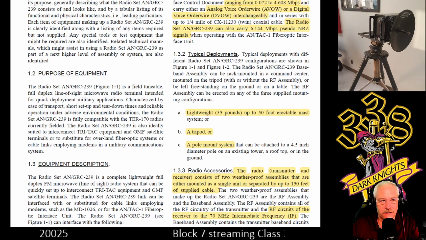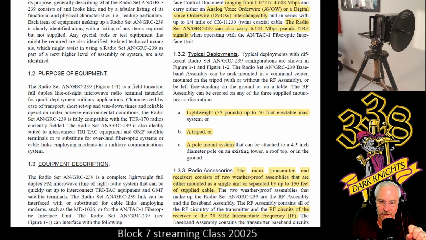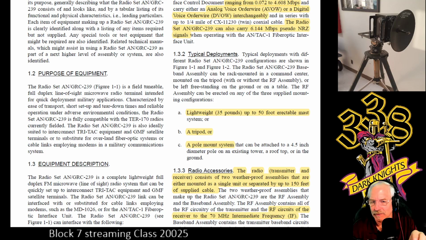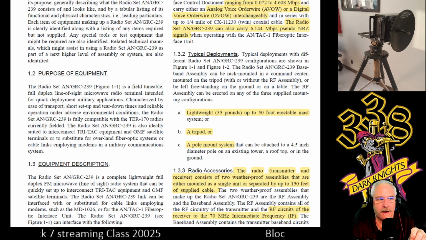I think the RF assembly is approximately 26 pounds. And you knew how hard it was just to get the AT197 up it. I think the AT197 is about 7 or 8 pounds. But when you're dealing with 25 pounds, man, that's a tough road to haul. It's an upper body workout.